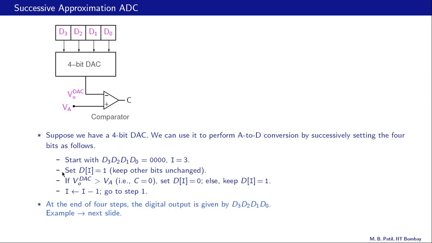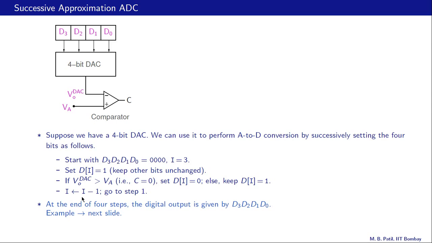Okay. Now if VO DAC is greater than VA, that is if C is equal to 0, this variable here, then set D of I equal to 0, else keep D of I equal to 1. And then follow this process by replacing I with I minus 1.